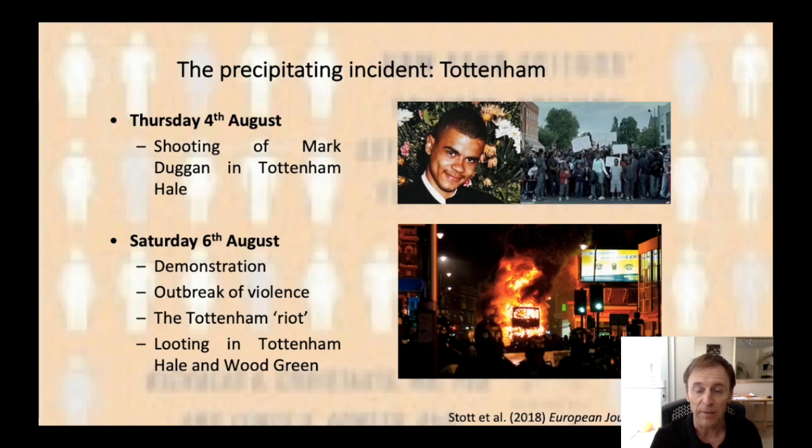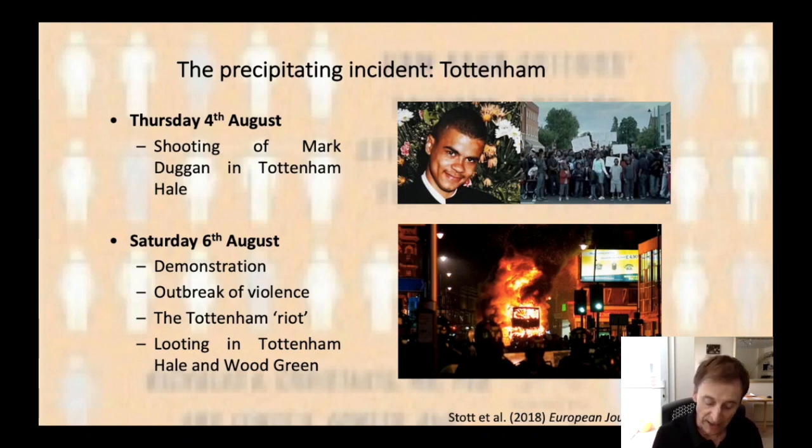So family and friends and supporters, local people protested, and eventually that became an outbreak of violence shortly after a police intervention. So that was the first rioting.